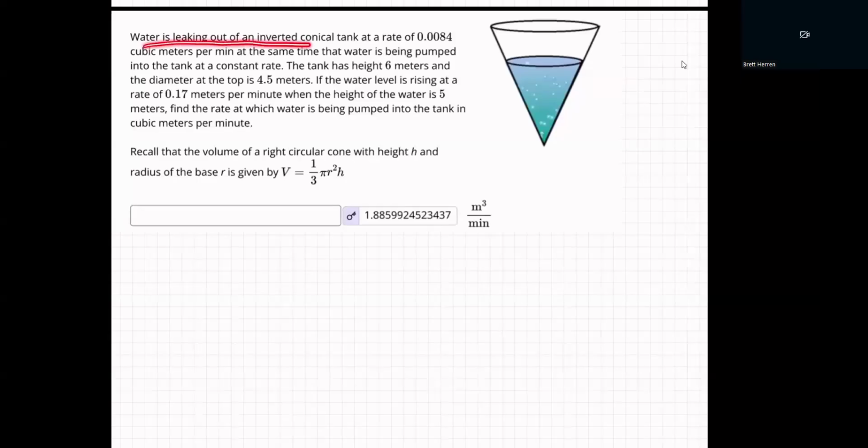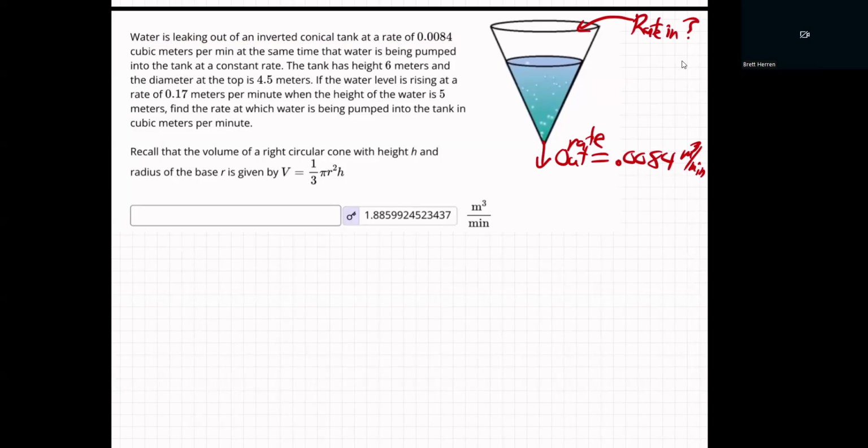We have water leaking out of an inverted conical tank at a rate of 0.0084 cubic meters per minute, and water is being pumped in. The rate it's being pumped in, we don't know.